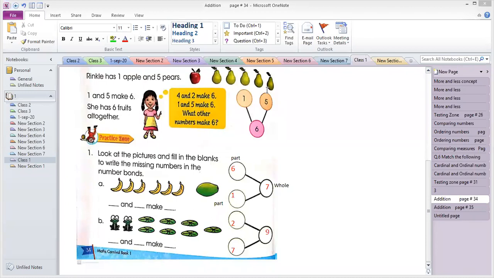Sir, I have completed. Sir, 6 plus 1 equals 7 and 2 plus 7 equals 9.